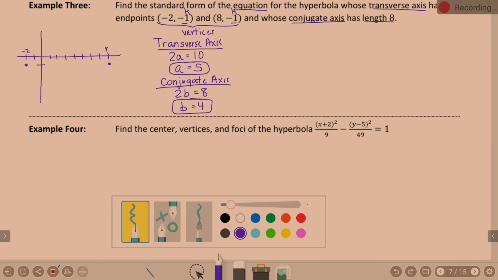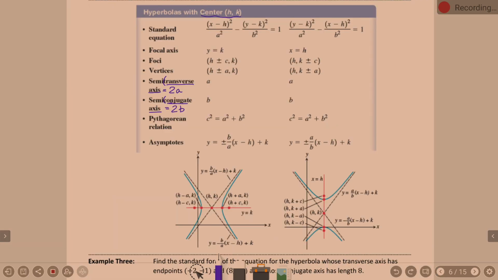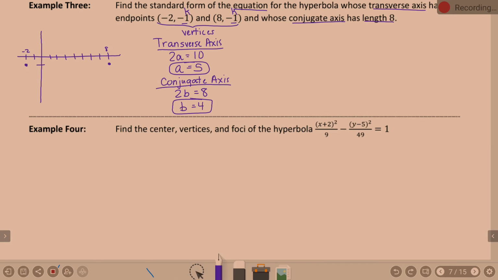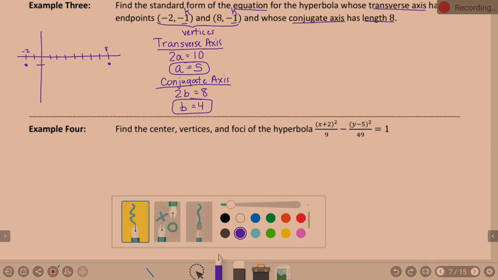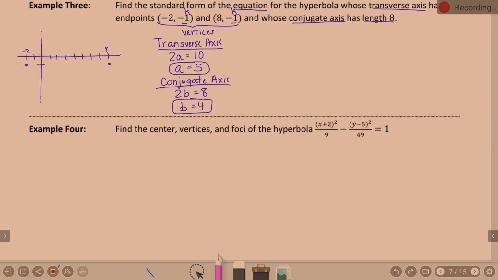H and K are my center, right? If H and K are my center, what do you know?